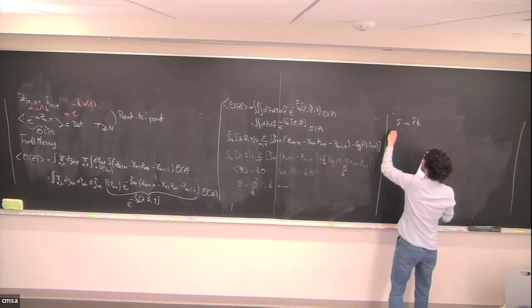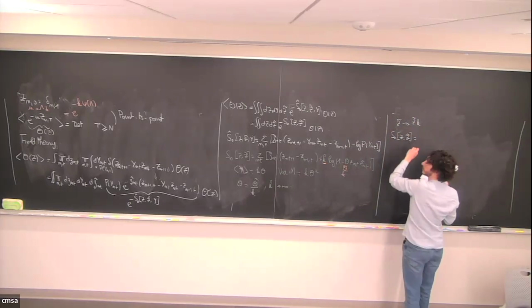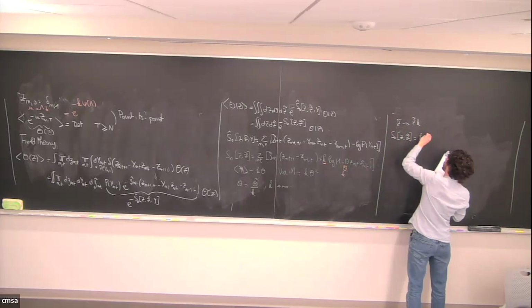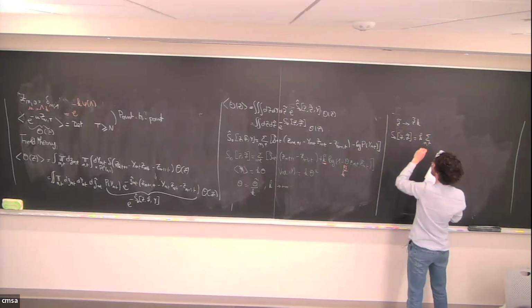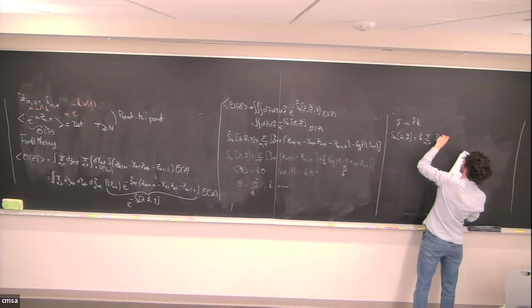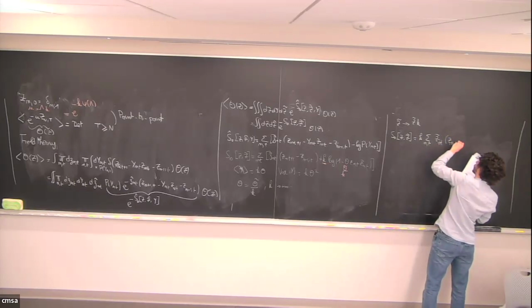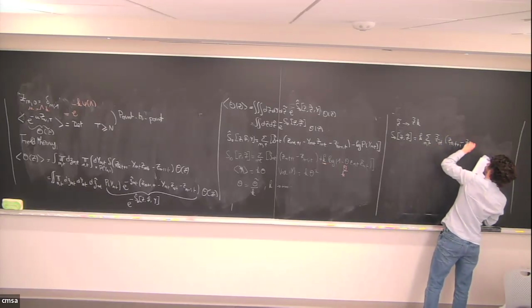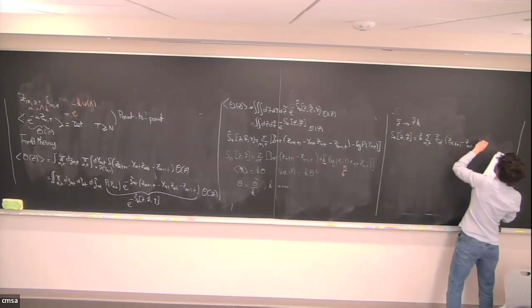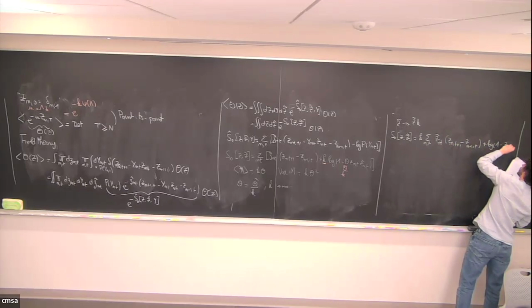You realize that the action S naught of z tilde becomes k times the sum over all the spacetime points of z tilde nt, I'm superseding the notation z tilde here, times z n plus 1, nt plus 1 minus z n minus 1 t, plus the logarithm of 1 minus z n t z tilde nt. All right.